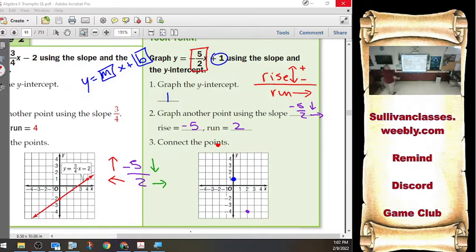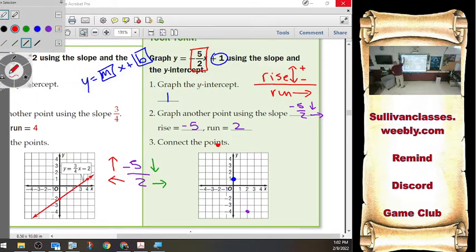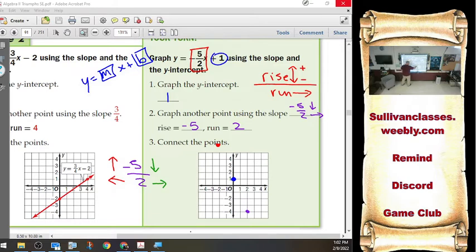But if I have 3 points and they're all on the same line, I know I did it right. Wait, what was that blue dot? From the yellow, I went up 5 and left 2. Up 5, left 2, which meant I had to go a little bit off-road, a little bit off the graph.